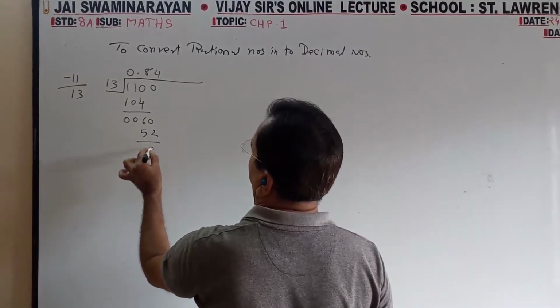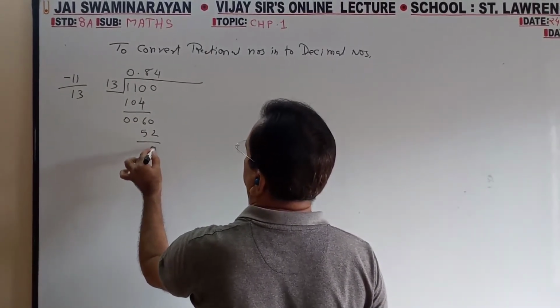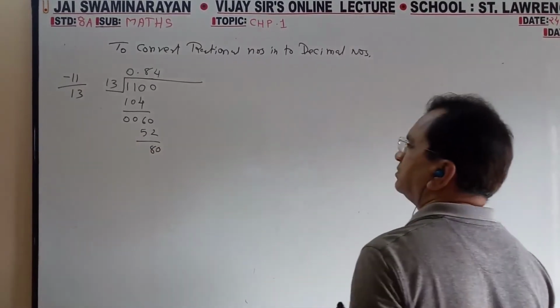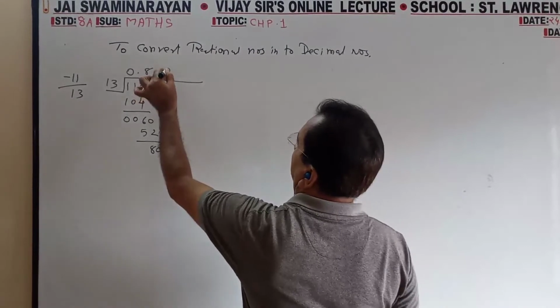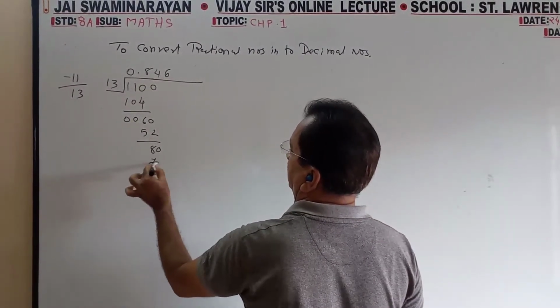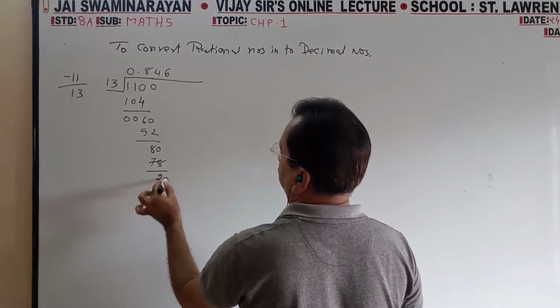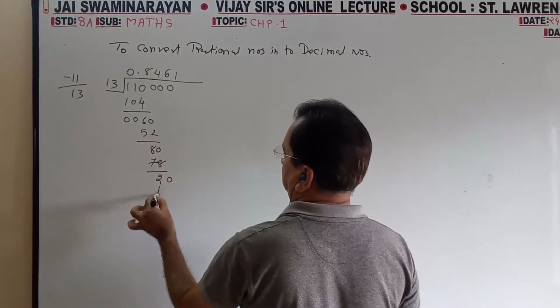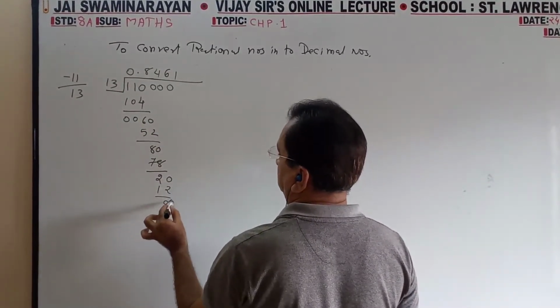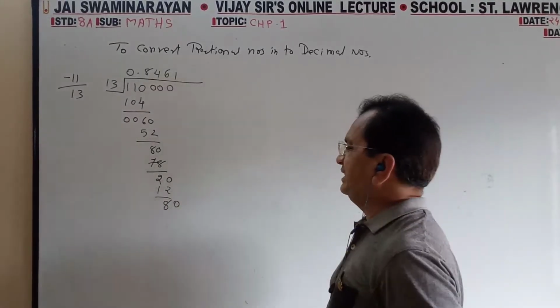Thirteen for the 54, 8, 6 are 78. It is 2, 1s are again.